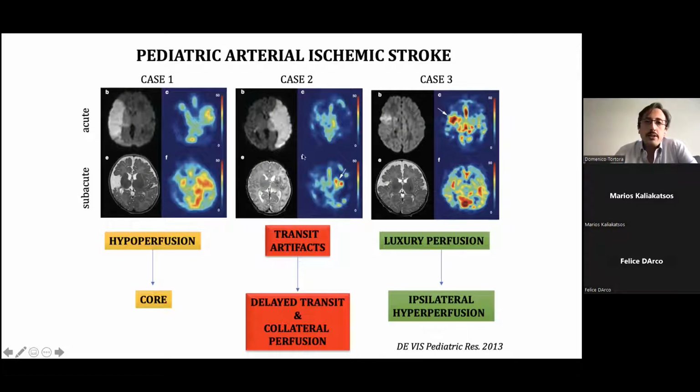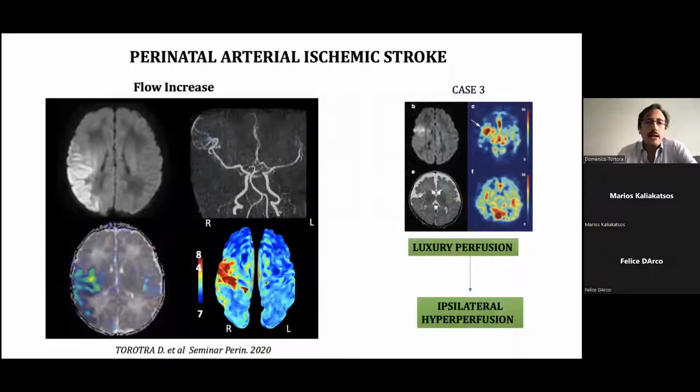Moreover, it's also important to know that, in particular in very young children and neonates, we may also observe the luxury perfusion, which is characterized by the hyperperfusion of the ischemic core. This is a case of a perinatal ischemic stroke. You can see the cytotoxic edema with restricted diffusion in the right middle cerebral artery territory.